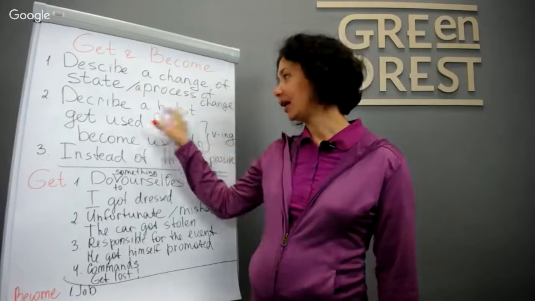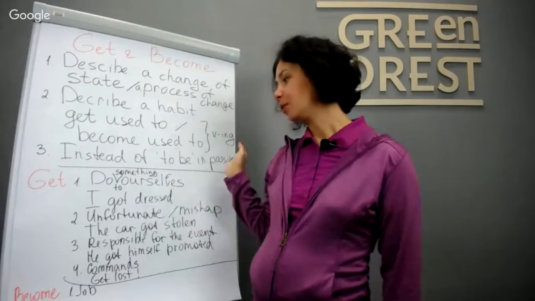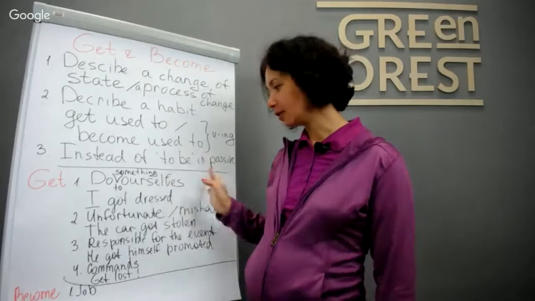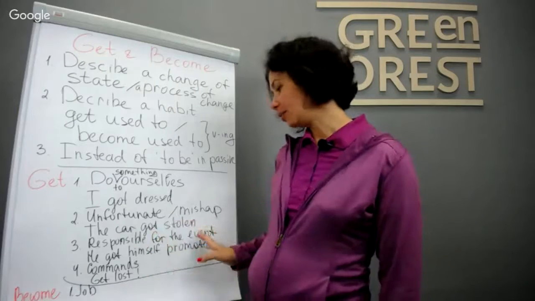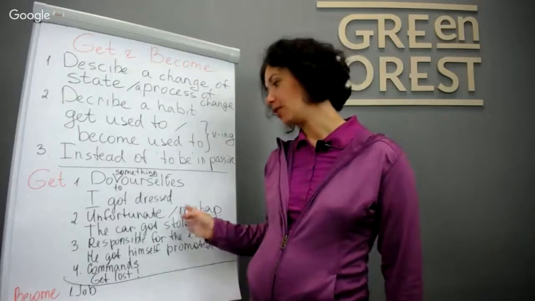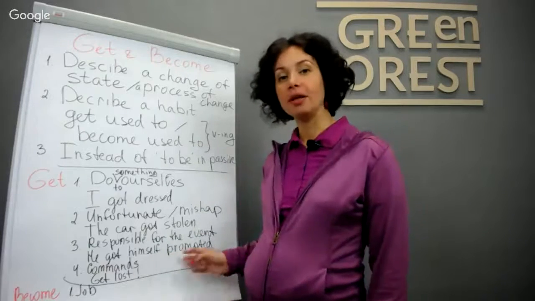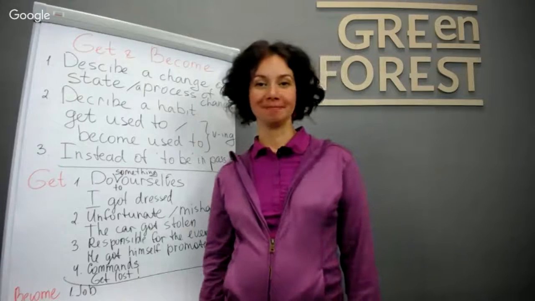Here we use adjective. Well, in passive we don't, but over here when we do something to ourselves, we can use adjective. Some mishaps also can be adjective or passive. When we're responsible for some events, it can be adjective or passive, and for comments as well.